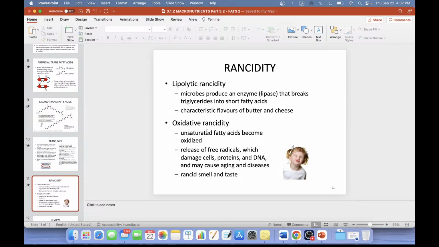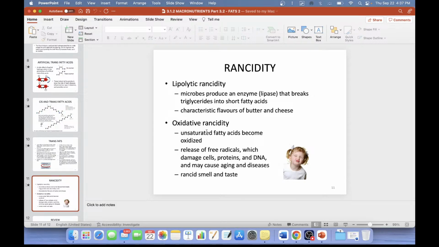This is a process that occurs naturally and gives characteristic flavors to butter and cheese. That is not considered bad from a health point of view, and it is not bad in terms of ruining the flavor. In fact, it does give flavor to butter and cheese.